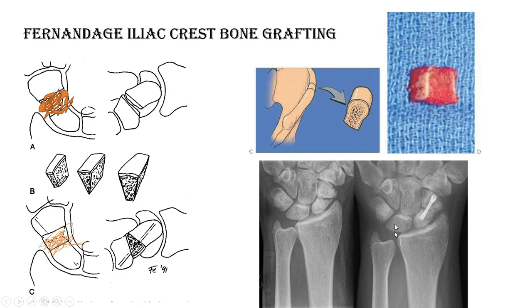So in the long run it will help union. This is called iliac crest bone grafting in case of non-union scaphoid fracture. But one problem is this: due to opening of this joint, there must be some wrist stiffness also and persistent pain, and you have to counsel.